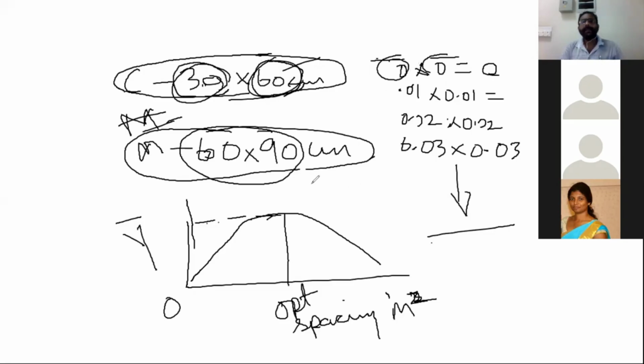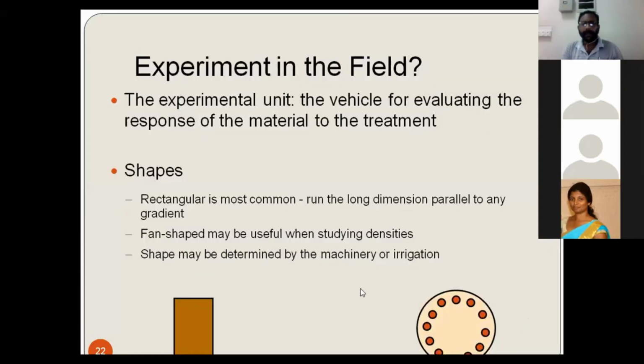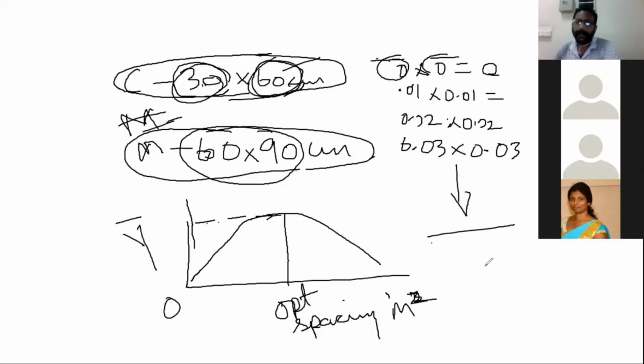So this is what we are doing here in this fan design. Fan design which I have showed you earlier. I have erased it. Okay. So in the fan design, what is happening is, so we plan in such a way.